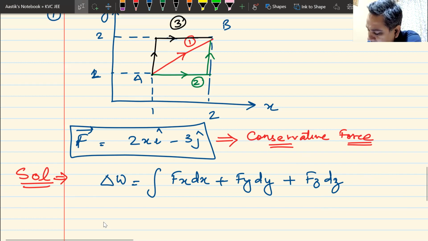I have work done is integral of 2x dx. From where to where is x varying? x is varying from 1, this is the initial point, and the final point is 2. So x is varying from 1 to 2. So I put the limits from 1 to 2.